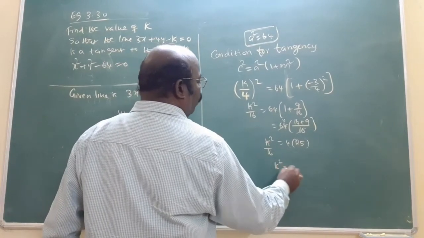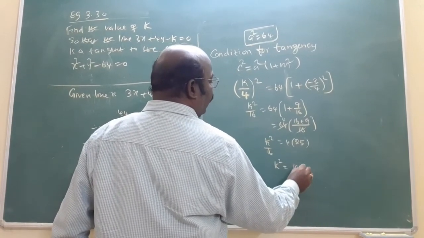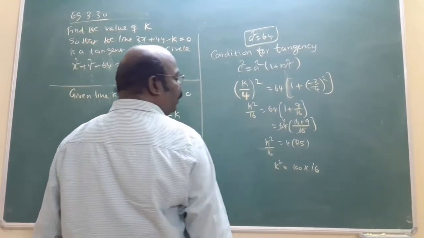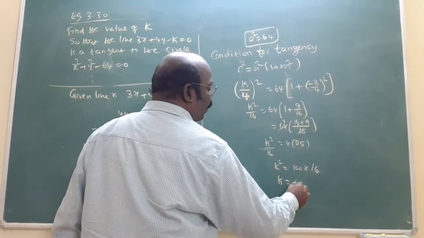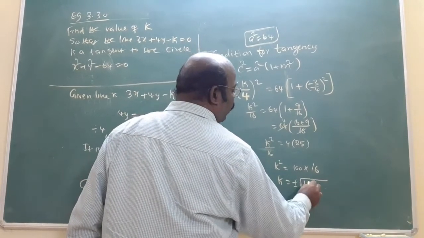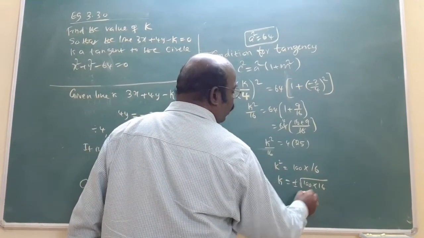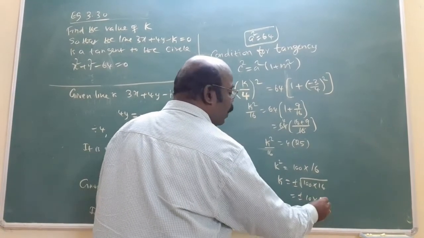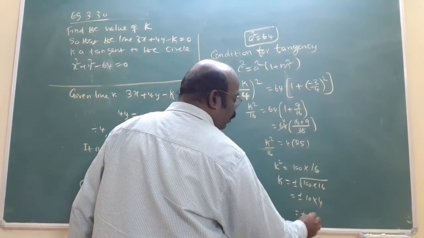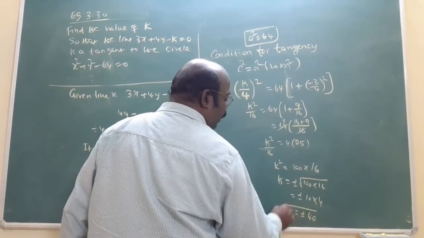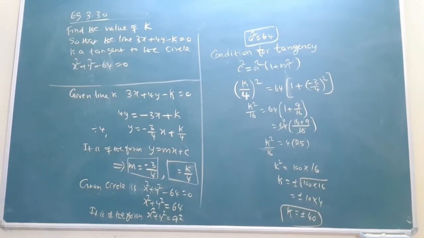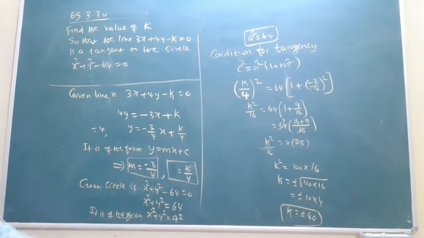So k square equal to 100 into 16. So k equal to plus or minus root of 100 into 16. The root of 100 is 10. Root of 16 is 4. Multiply both. Plus or minus 40 is the answer. Both are the same type of problem. Important question. Only the formula matters. That's all.